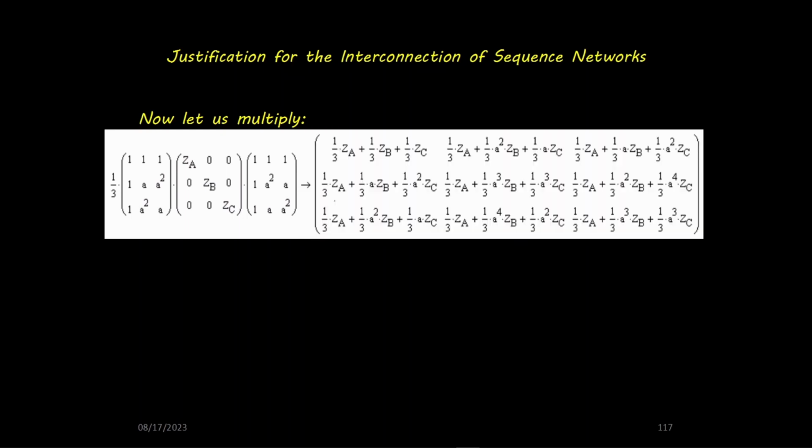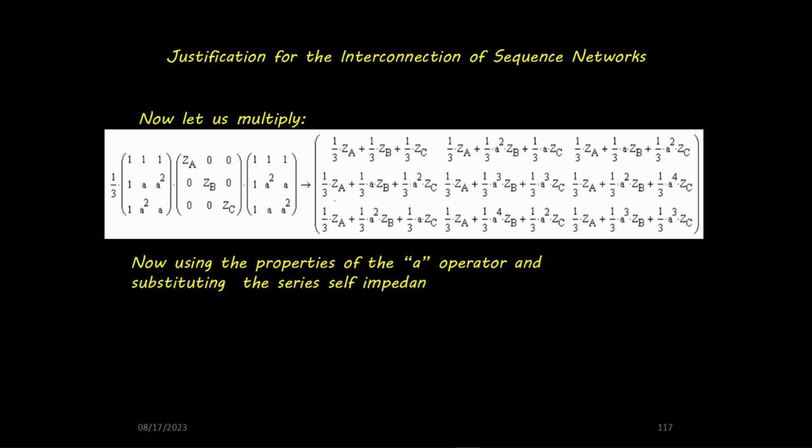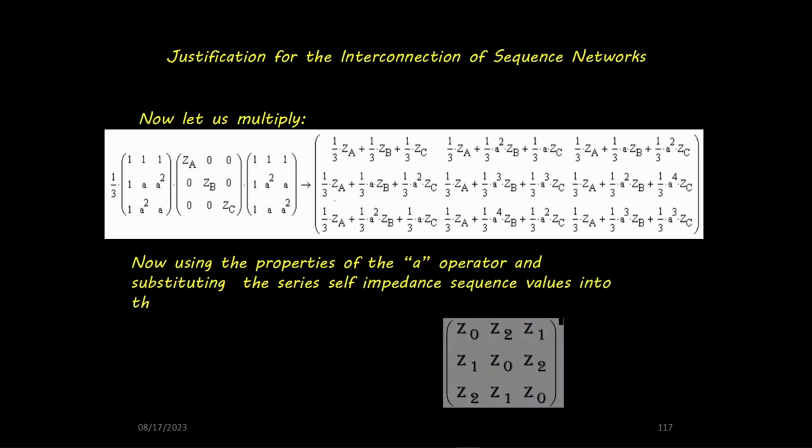Now, let us multiply the diagonal matrix ZA, ZB and ZC on the left by the matrix A inverse, and multiply on the right by matrix A. Now, using the properties of the A operator and substituting the series self-impedance values into the above matrix, we get the series self-impedance matrix.